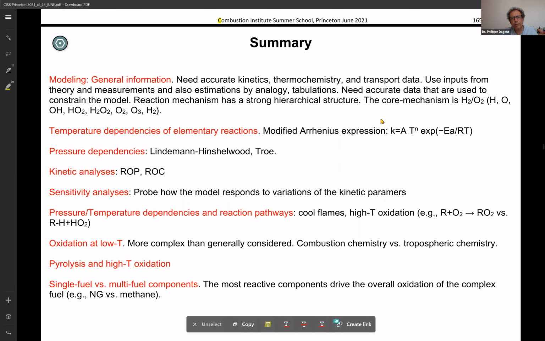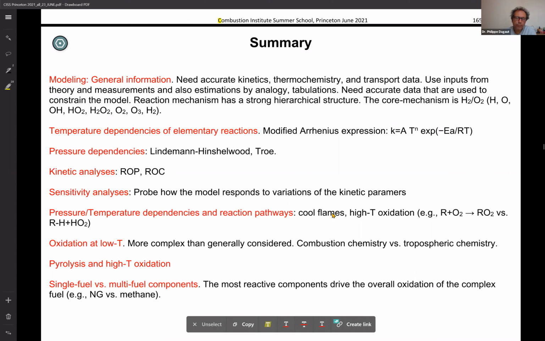I also introduced the fact that we can observe highly oxygenated molecules forming in the cool flame regime, whereas these processes most of the time are ignored, even though they are very important in the troposphere.